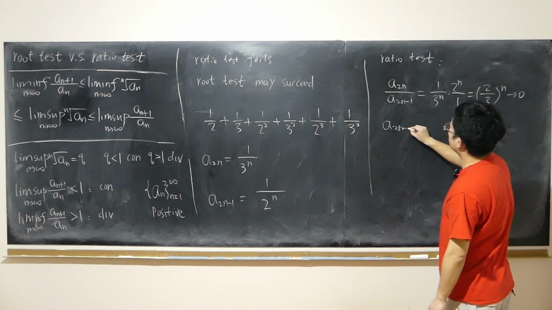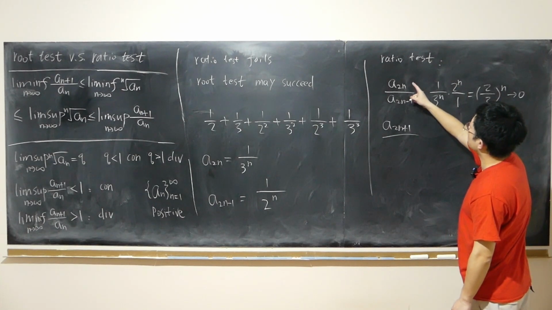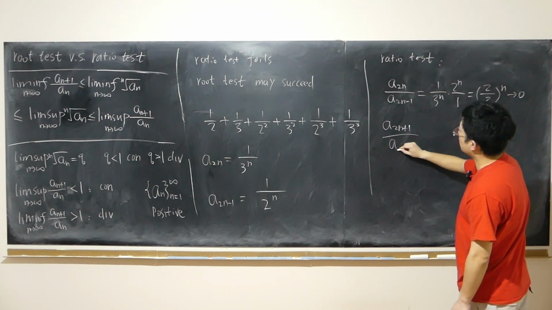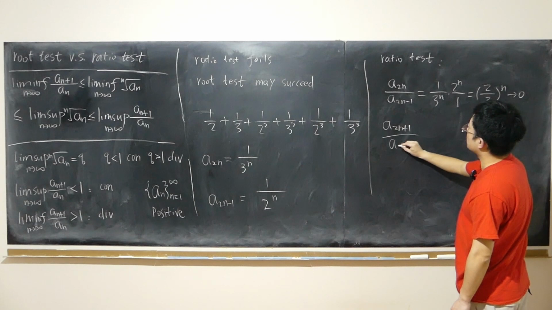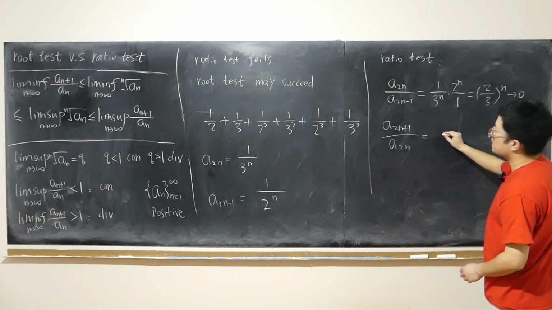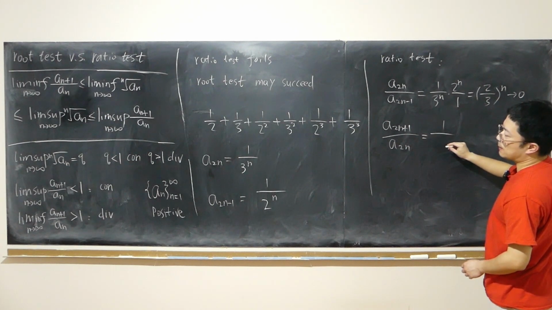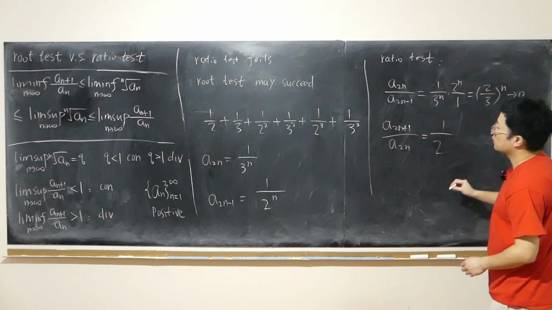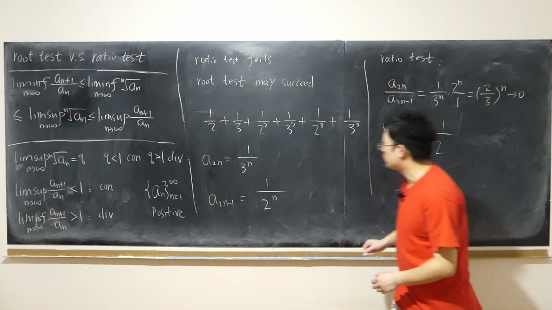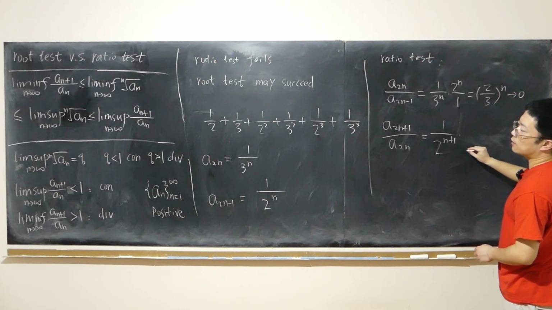So if we have another possibility, let's say 2n plus 1. Previously we had even term over odd term. Now we have odd term over even term. Let's use 2n. What's going to happen? 1 over 2 to the power of, here replace n with n plus 1, times 8.